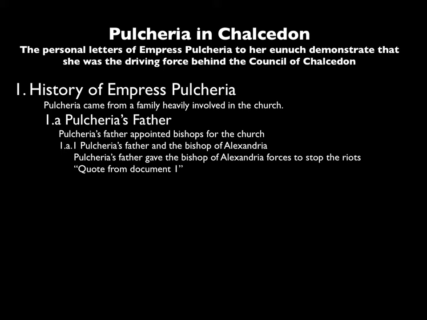And you have another letter of Pulcheria's father responding to the Bishop of Alexandria saying, I am sending you 70 soldiers. So you put that in there. And then you have a third quote. Historians say that there is documented evidence of troops moving from the emperor to the Bishop of Alexandria. Something like that. So as you see, as you rewrite these, you're already starting to write your dissertation while you're doing your outline.